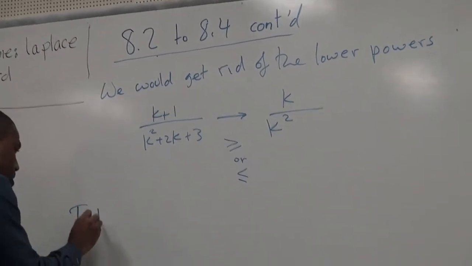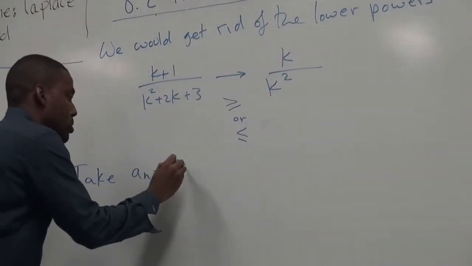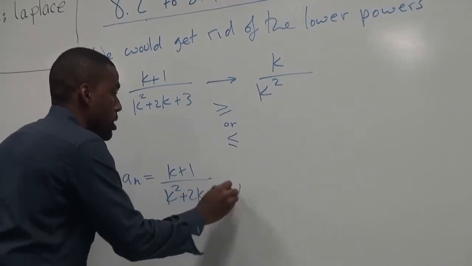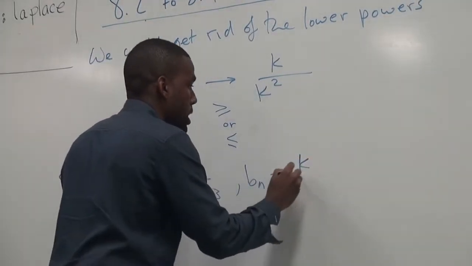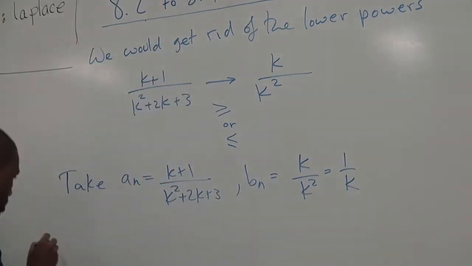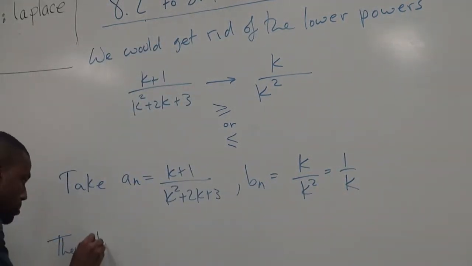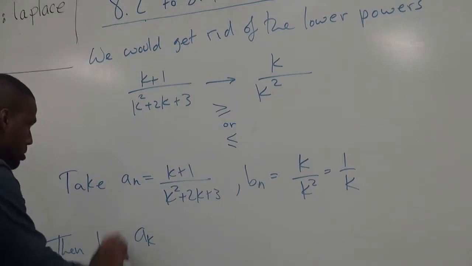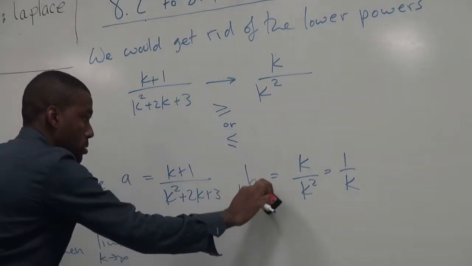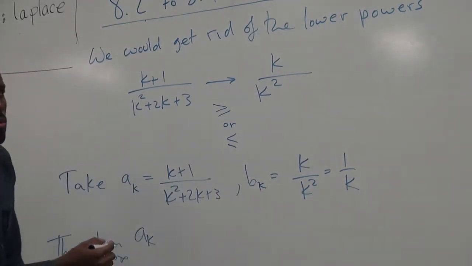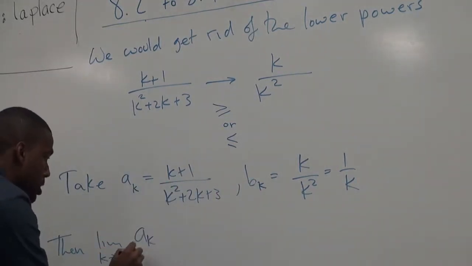Take AN equals k plus 1 over k squared plus 2k plus 3, and BN equals k over k squared, which is 1 over k. Then the limit as k goes to infinity of AK over BK.